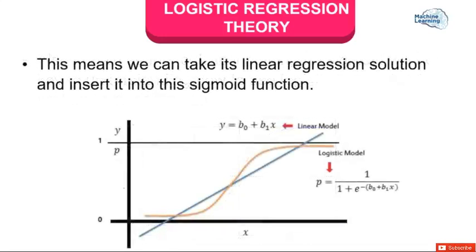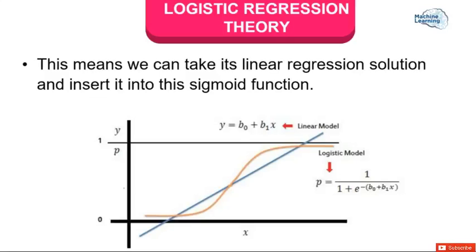So this means we can take this linear regression solution and insert it into the sigmoid function. And that will look like this. Note here that our linear model follows the basic principle of y equals mx plus b. Here we have a linear model as y equals beta naught plus beta 1 times x.